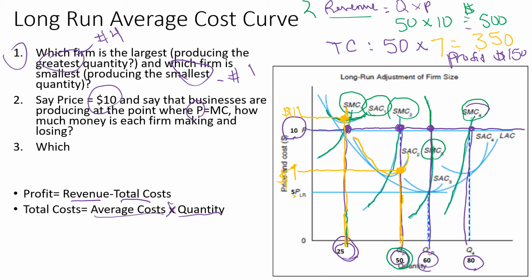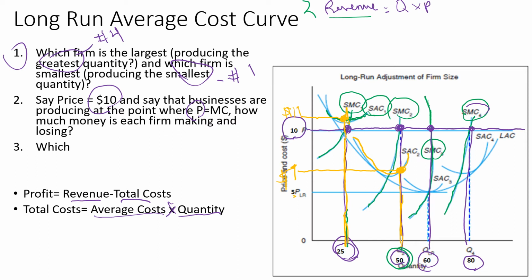If we look at firm number 3, let's erase 2's information. Firm number 3 is going to operate again at a quantity of 60. They're going to sell theirs for $10 just like everyone else, so they're going to have a revenue of $600. Their average total cost is going to be where their average cost curve meets the quantity that they're producing, which is right here.